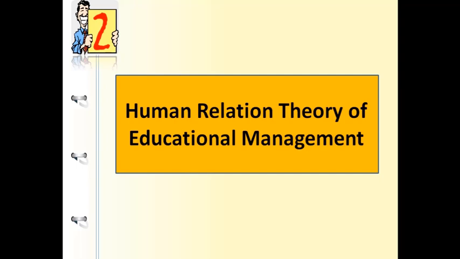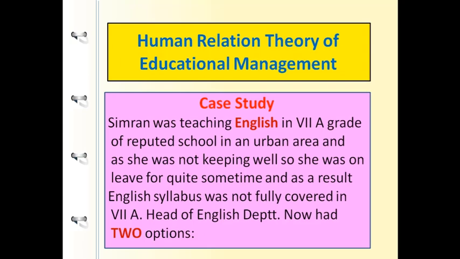The second theory is human relation theory of educational management. Now let me start with the case of Simran. Simran was teaching English in class 7th A of a reputed school in an urban area, and she was not keeping well, she had some health issues.